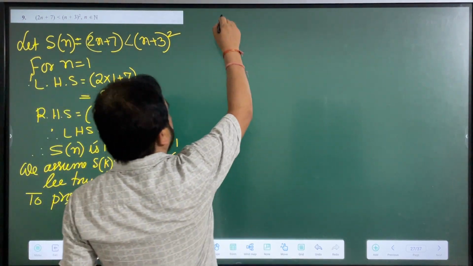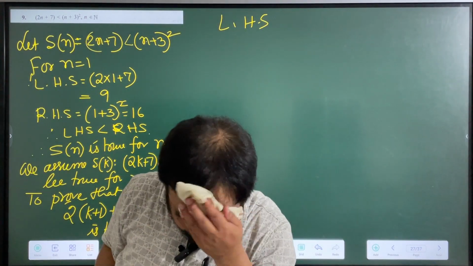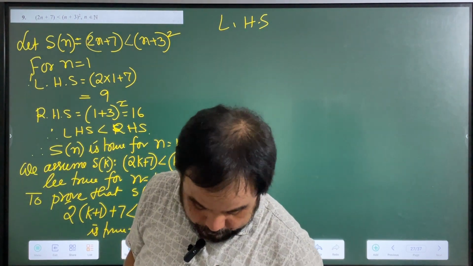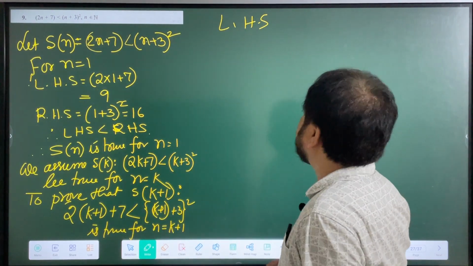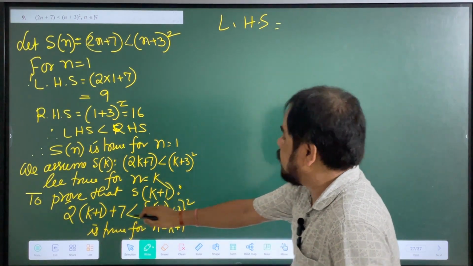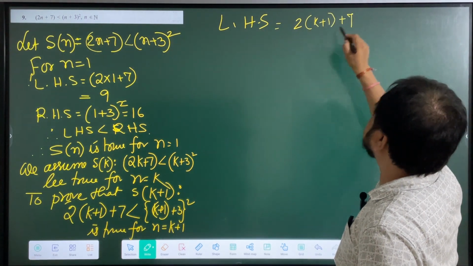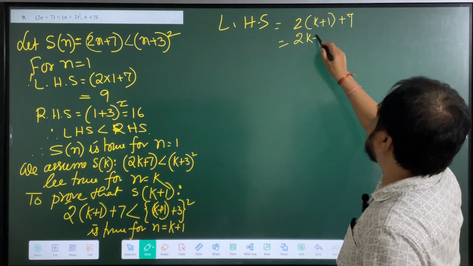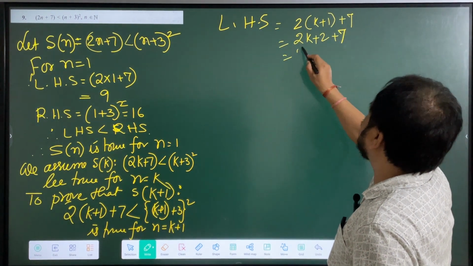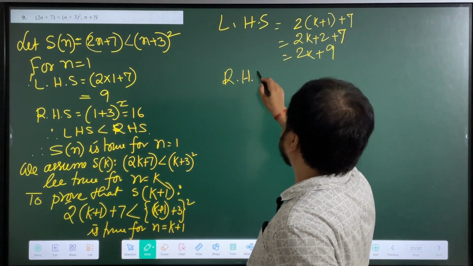Now LHS we will do. The sum is very easy. 2 into k plus 1 plus 7: 2k plus 2 plus 7, 2k plus 9. Now let us do the right hand side.